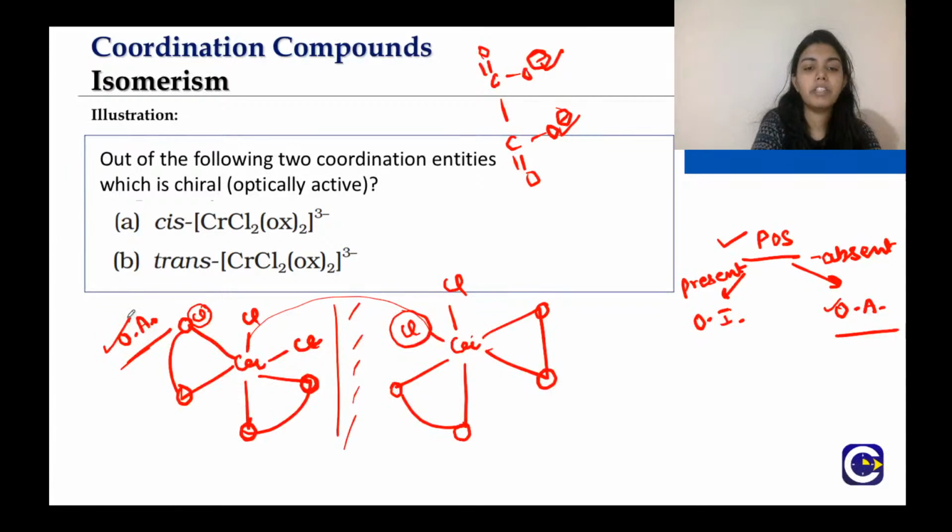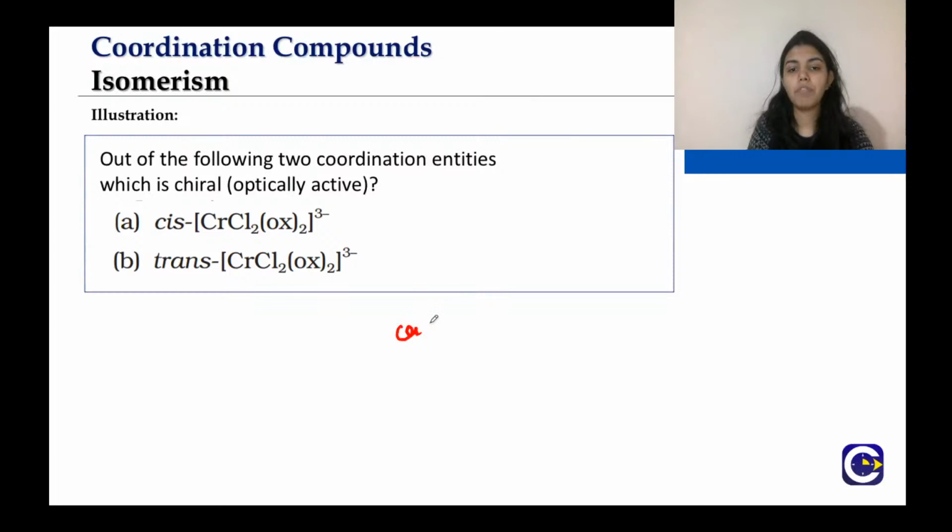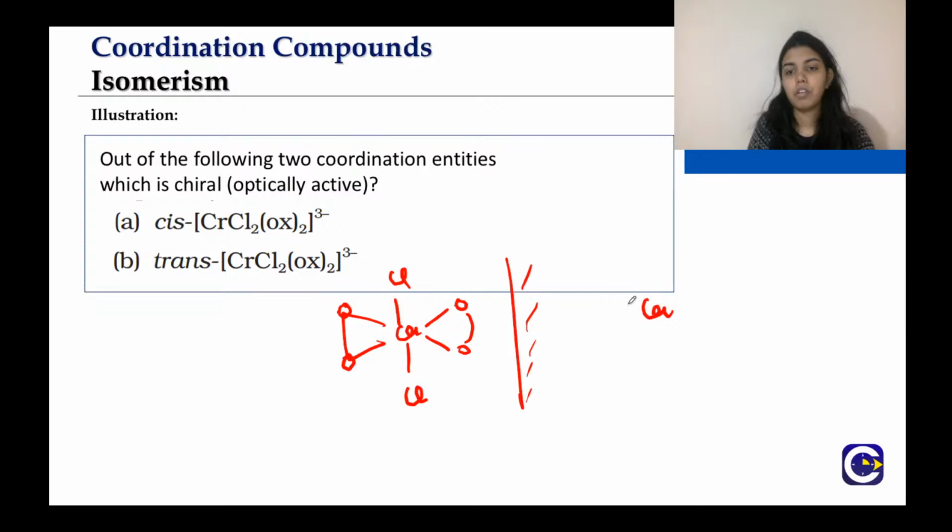But if you draw the trans one, so trans one will be like this. Draw the mirror image. Oxalate, oxalate.